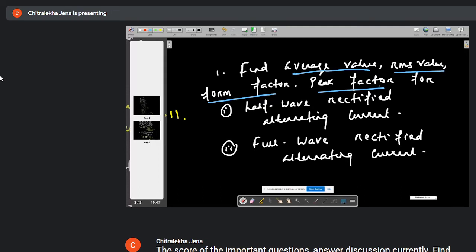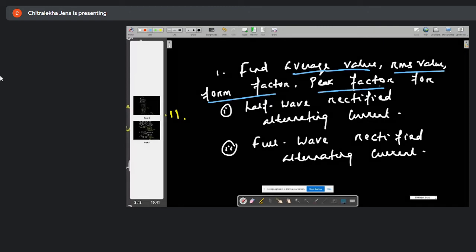How to do it? Tell me. How is the half wave rectified alternating current?